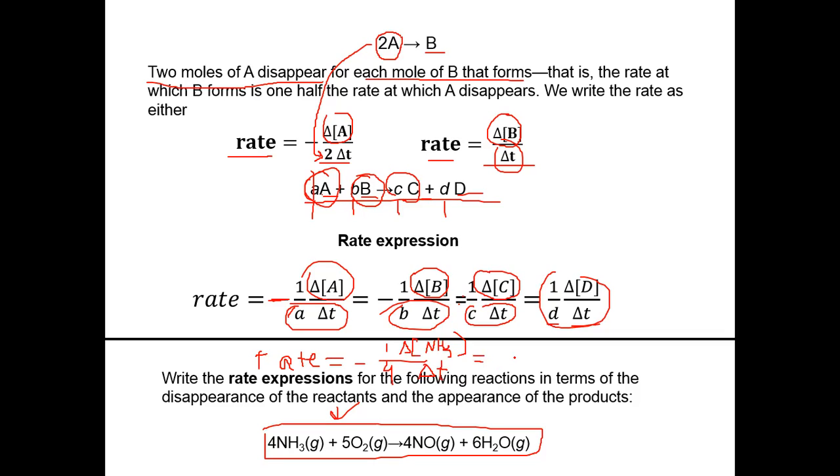Then equals minus 1 divided by 5 delta O2, equals 1 divided by 4 delta NO. What is here?